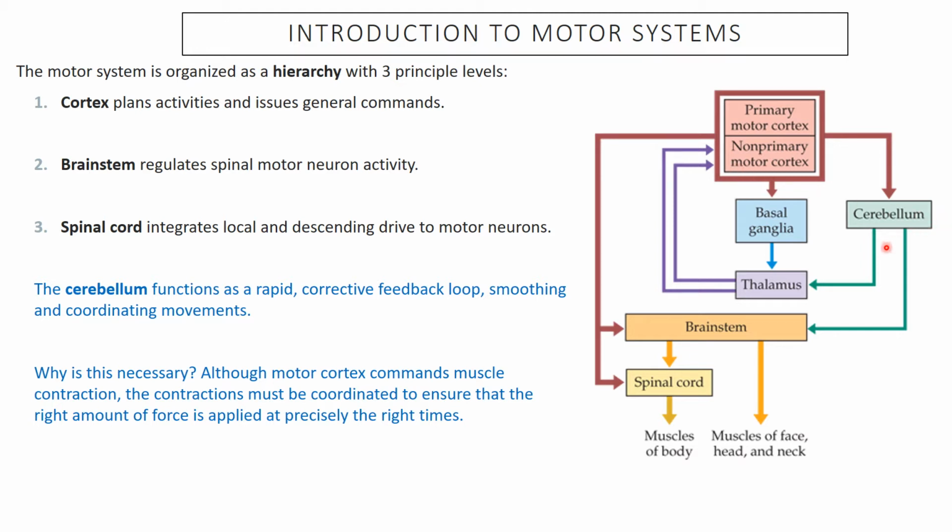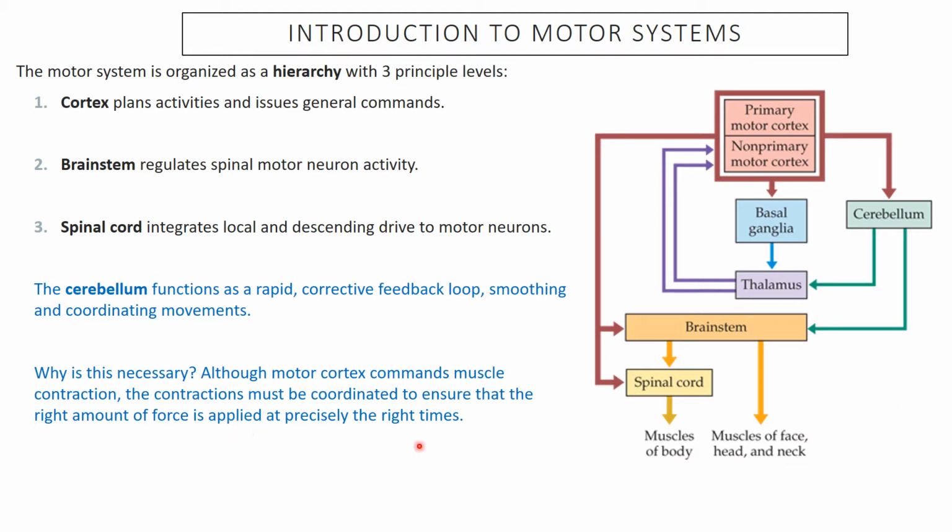The cerebellum is an additional accessory area. It functions as a rapid corrective feedback loop that smooths and coordinates movements. So this is running alongside the basal ganglia, allowing us to perceive the world and create smooth motor output to get very, very accurate movements.